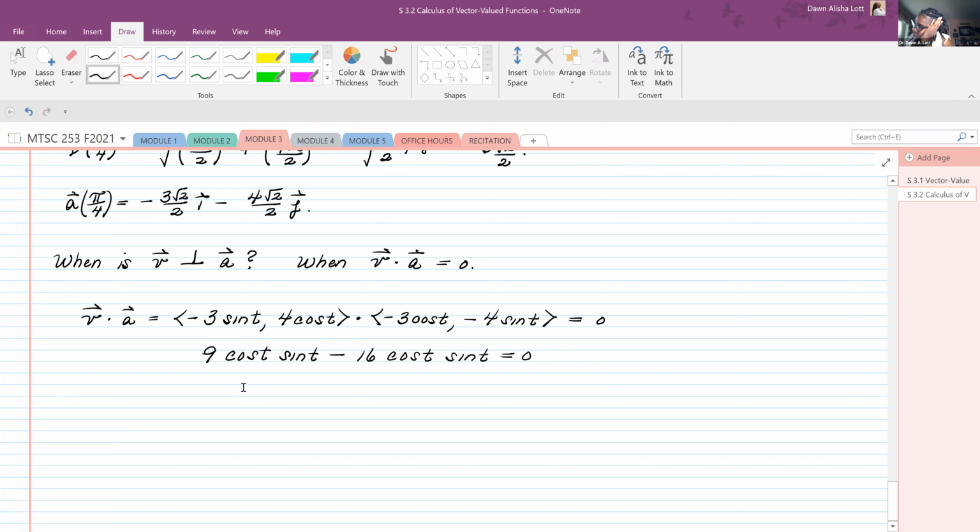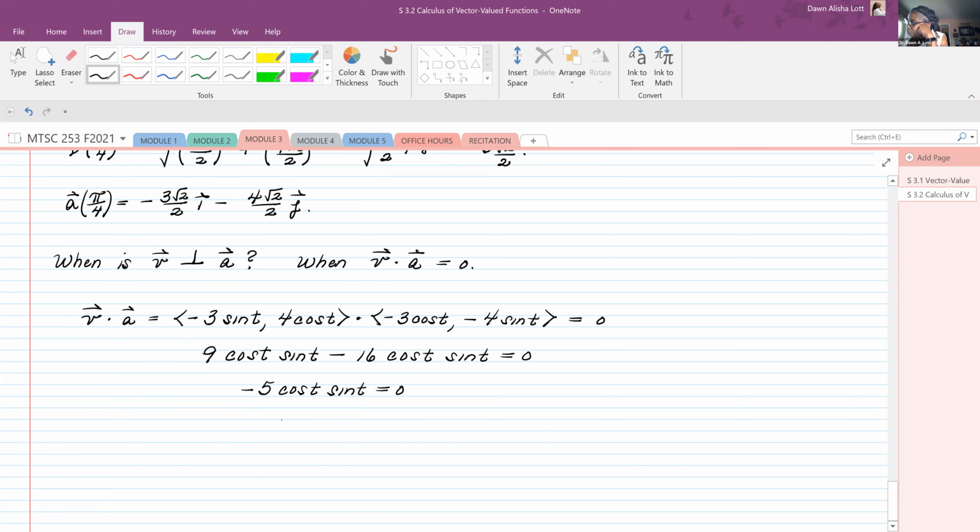And that says that negative 5 the cosine of t times the sine of t is equal to 0. I'm going to divide by negative 5 and multiply by 2.